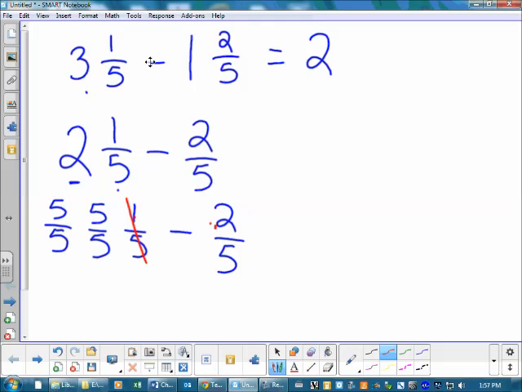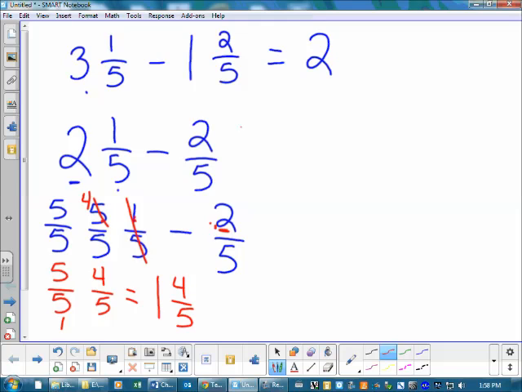But we still have another fifth to take away, because we have to take away 2. We've taken away 1. Where are we going to take the other one away from? Right here. We're going to eliminate one of these, and then we're only going to have 4/5 left over. So here's your answer: 5/5 and 4/5, which equals, that right there is a whole, so we have 1 whole and 4/5 left over.